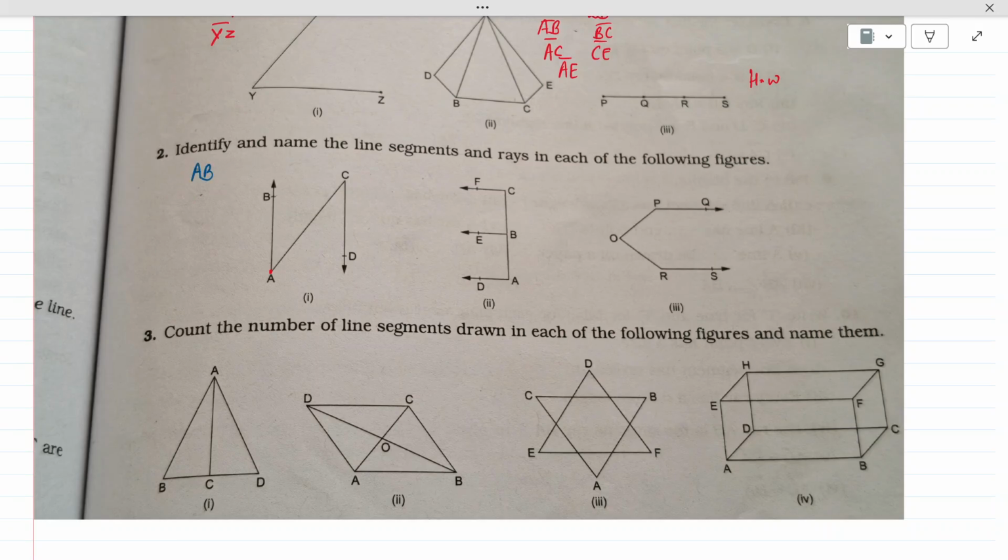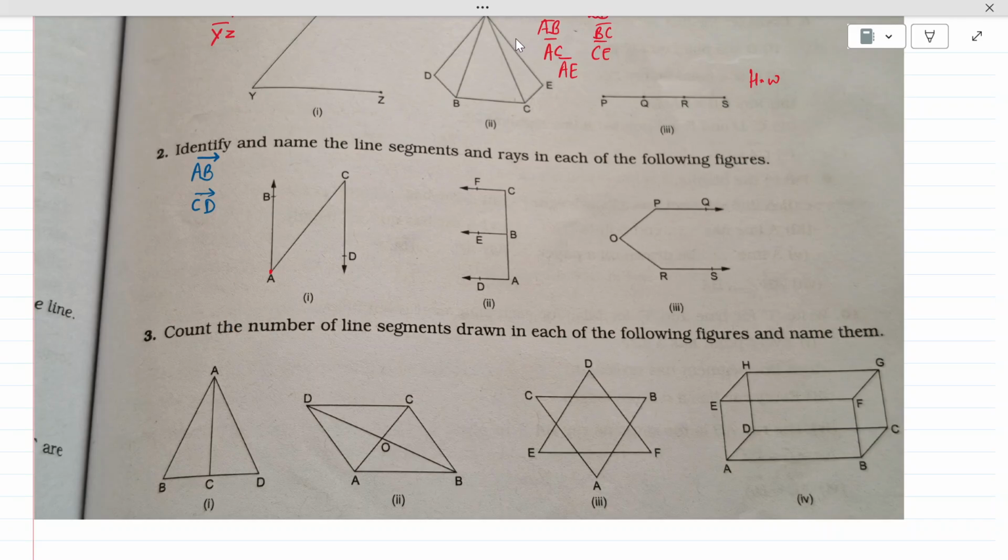And how do we write rays? AB, and then one side is fixed, the other side has an arrow. This particular sign is for a ray. Next is CD. C is a fixed point and D is not fixed. It is again moving in the infinite direction. This line is not ending here. So CD is a ray here.